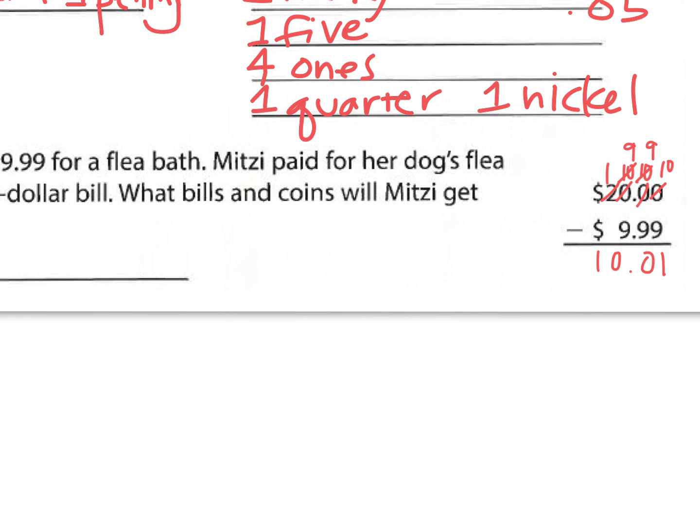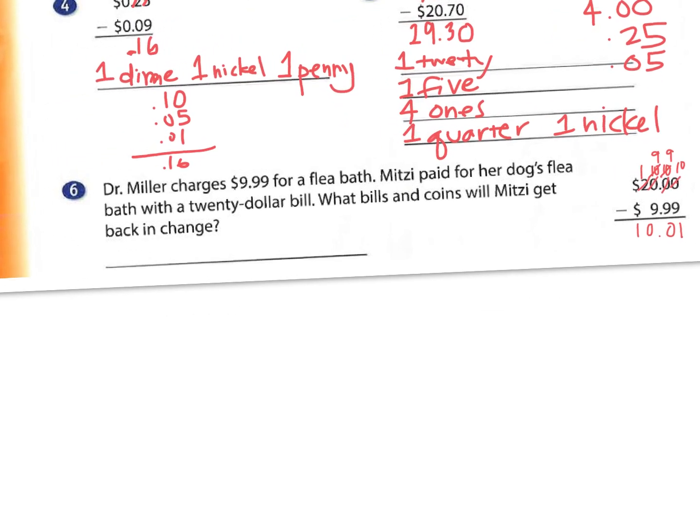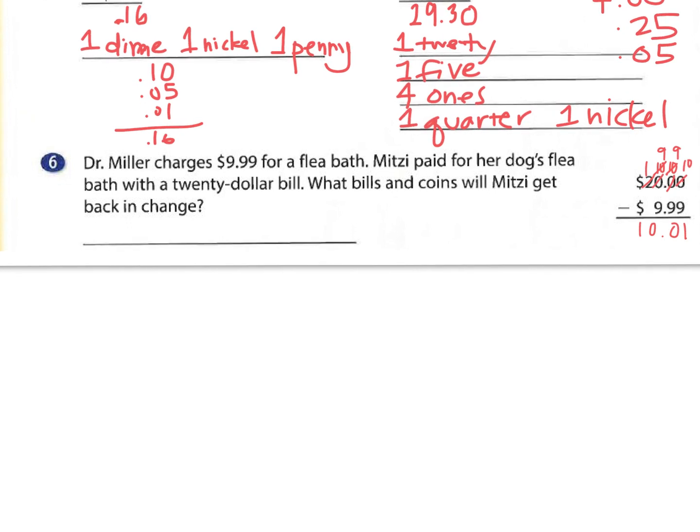So she's going to get $10.01 back. So the bills and coins she'll get: 1 10 and 1 penny. She'll get a $10 bill and then just 1 penny, and then that equals $10.01.